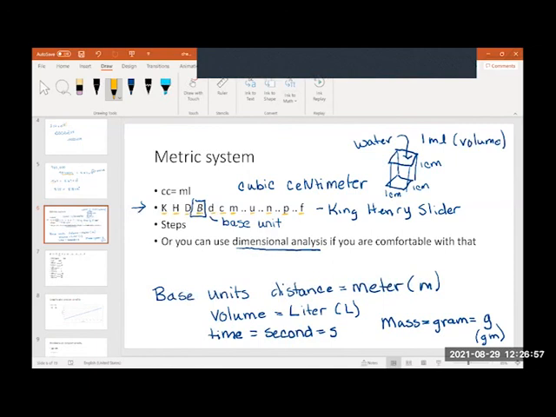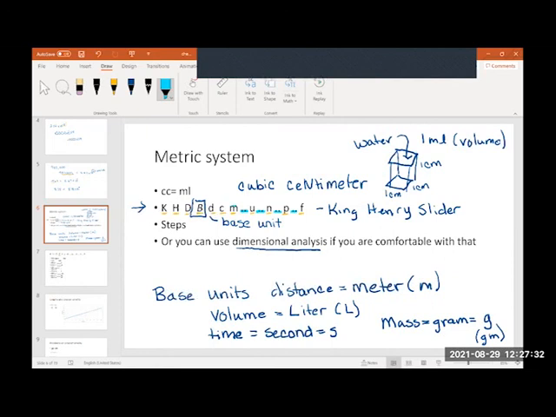Now, before I move forward, I want you to see something very important. Notice after the M, the milli or milk in our King Henry slider, we have dot, dot, then U, dot, dot, then N, dot, dot, then P, dot, dot, then F. Most of the time, our metric system jumps in values of 10.